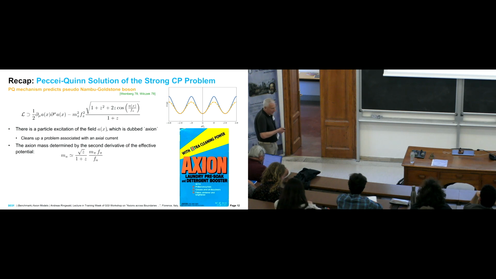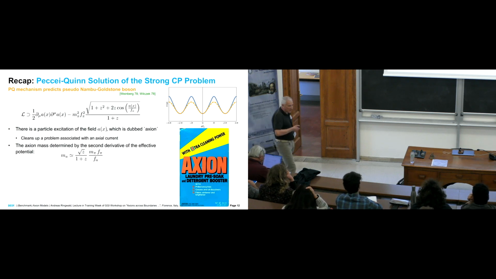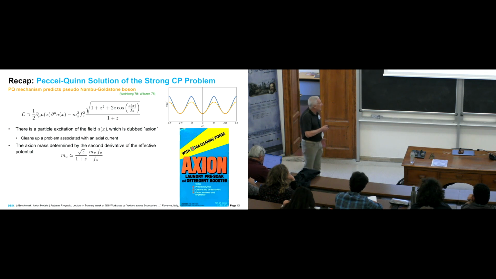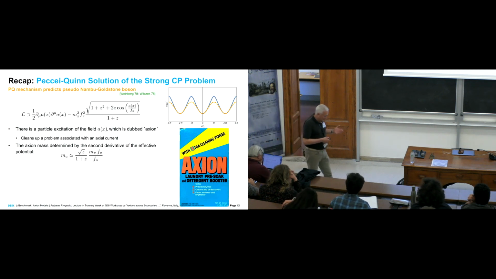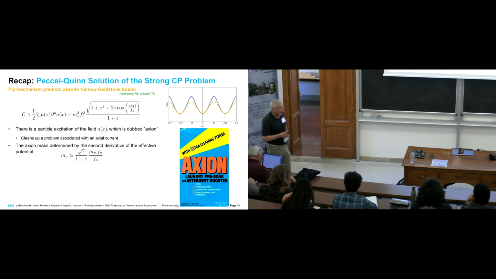And as Giovanni also emphasized, there's a seesaw relation between the scale of chiral symmetry breaking, m pi, f pi, and this f_a, which we will see later is essentially the breaking scale of a U(1) symmetry, the U(1) Peccei-Quinn symmetry.